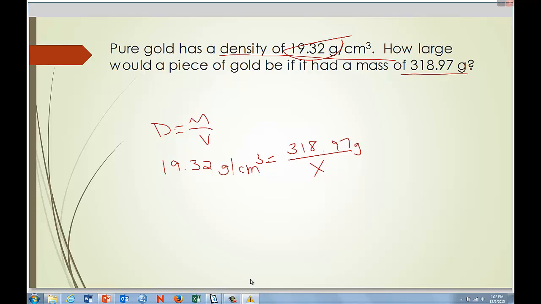a lot of times the students get confused when the X is on the bottom. So to get the X out of the bottom, you're going to multiply it across. So that becomes 19.32 grams per centimeter cubed times X is equal to 318.97 grams. Now we need to get X by itself, so we divide both sides by 19.32.